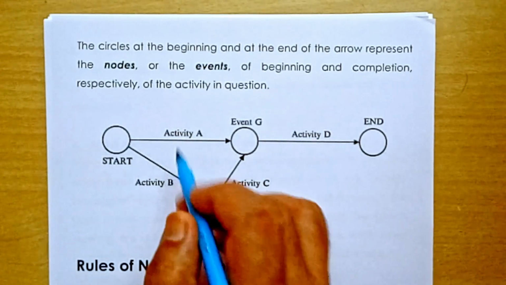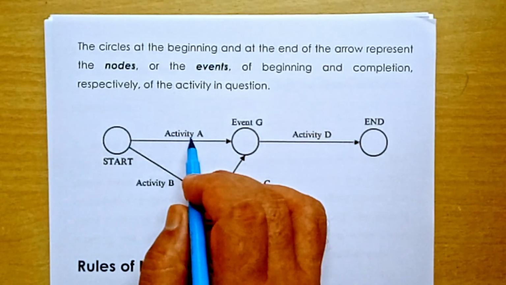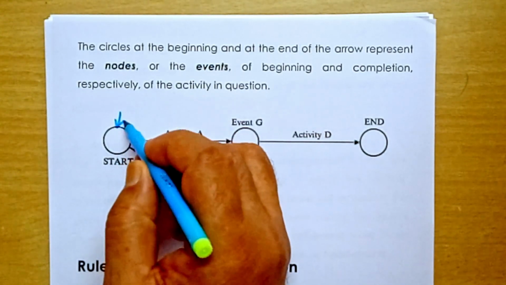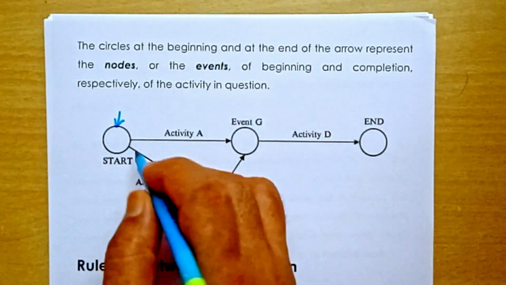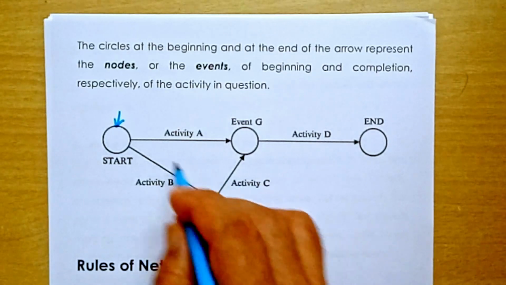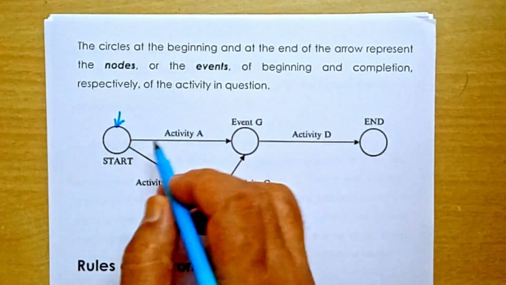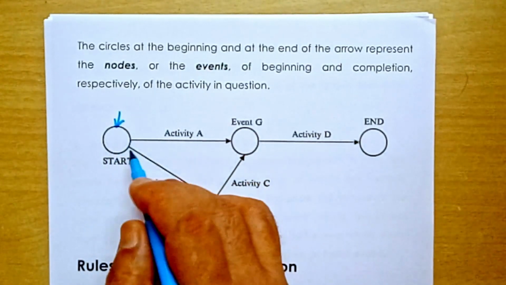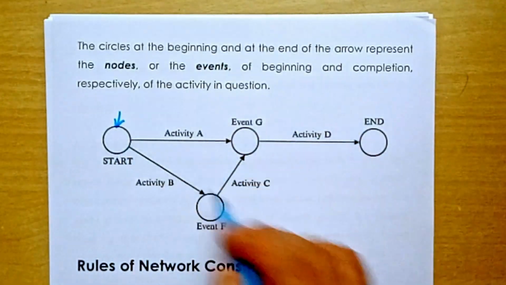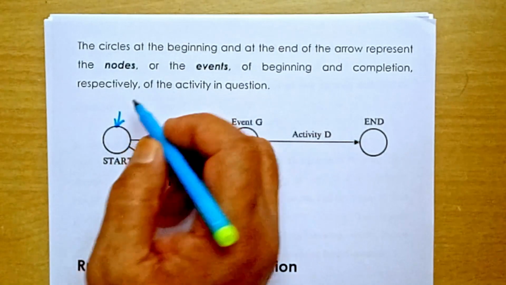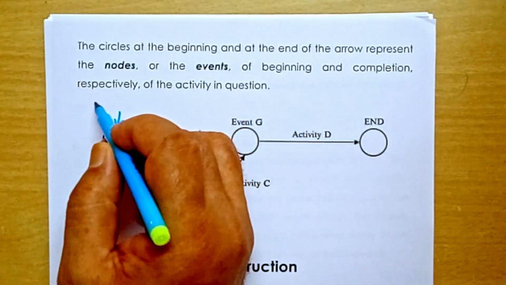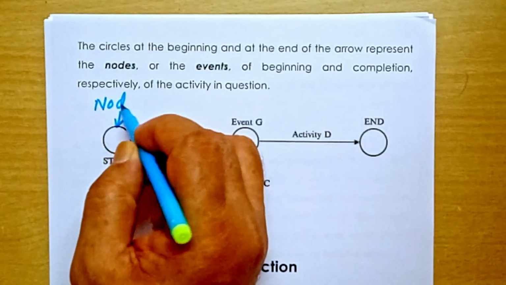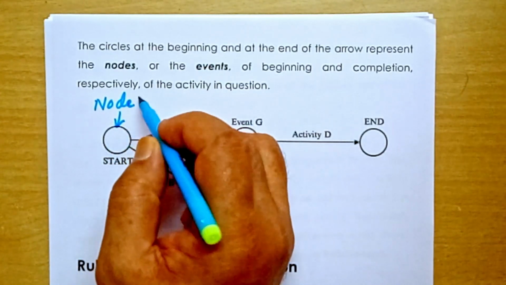So this is one activity and this is the node or event, starting node or starting event. This is one node for this activity particularly, and of course this node is also the starting node of the entire project. Initial node. This is one node or event. This is called event.